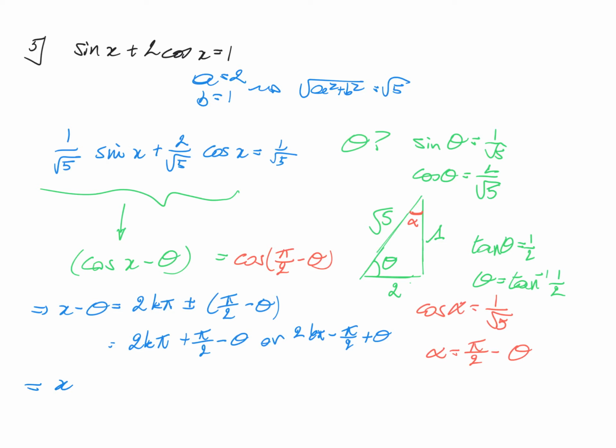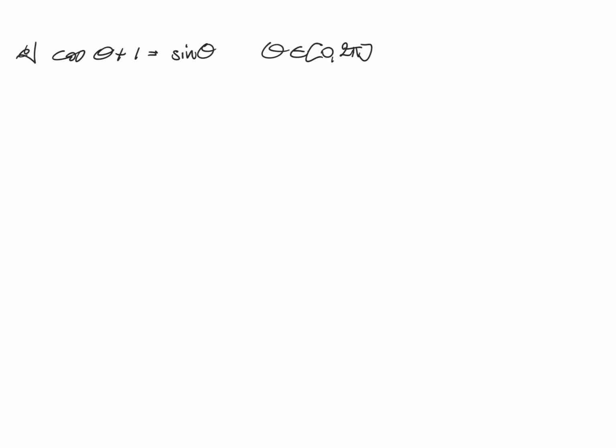And thus x becomes equal to 2k pi plus pi over 2, or x is 2k pi minus pi over 2 plus 2 theta. One way to solve this equation is to square both the left hand and the right hand side. So this gives me cosine theta plus 1 squared equal to sine squared of theta, or cosine squared plus 2 cosine theta plus 1 is sine squared of theta.